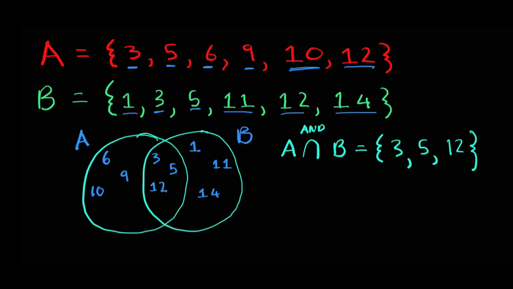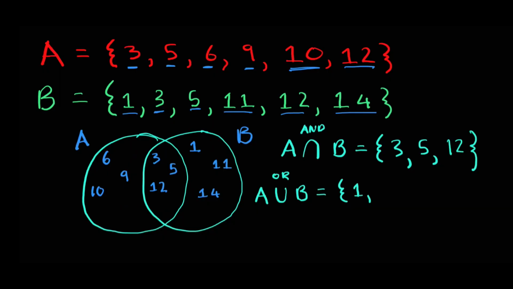Now the union between A and B is written like this, using a symbol that sort of just looks like a capital U. And the union is a set of all numbers which appear in either set. So you can think of it as a set of numbers which are in A or B. And it will just be every single number in the Venn diagram.